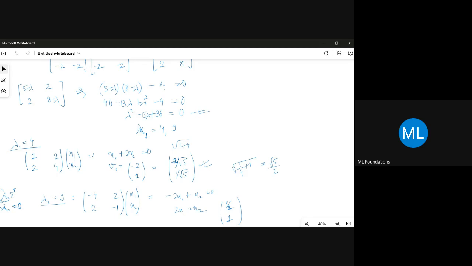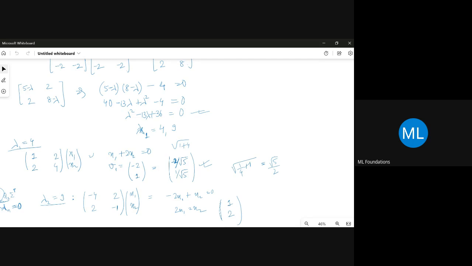So 2x1 should be x2. Yeah, okay. I got the eigenvector as 1, 2 for this lambda. Is it right? x1 is equal to 1 and x2 is equal to 2. Yeah, it is right.